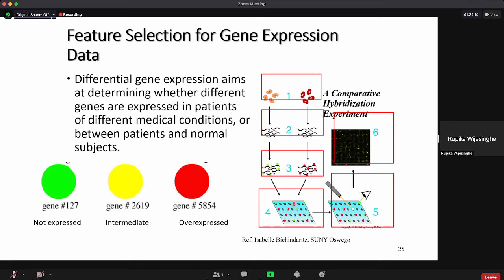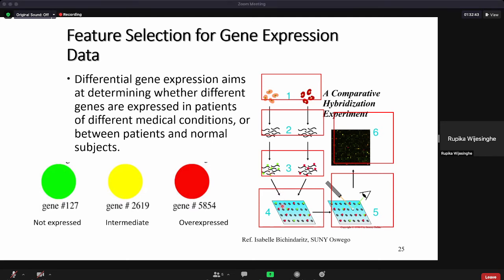And then you put both into this array. So these can be genes, mRNA sequences of genes. They will go and bind to the same spot, the same gene, because we know they will bind with the complementary strand, right?